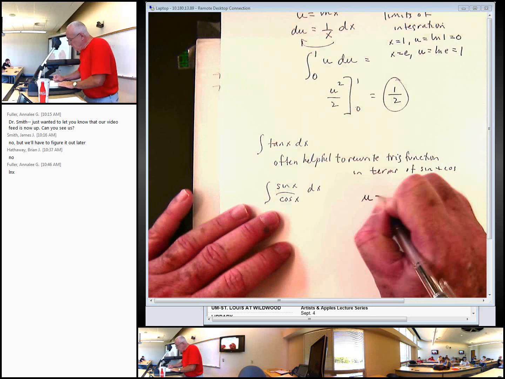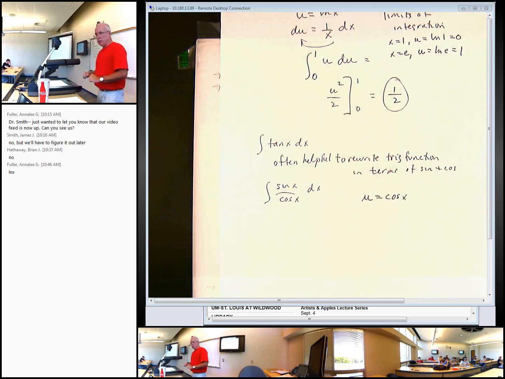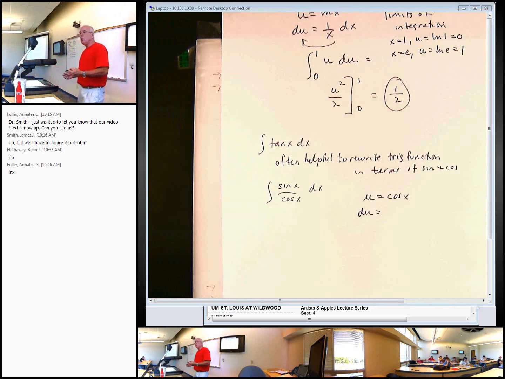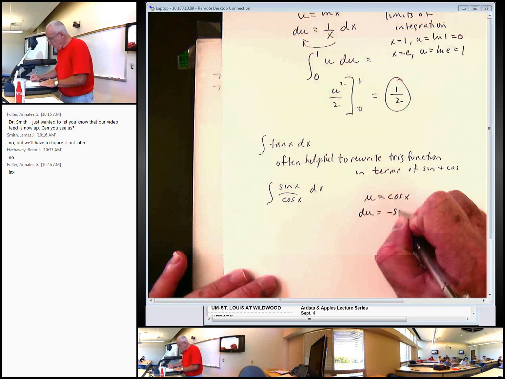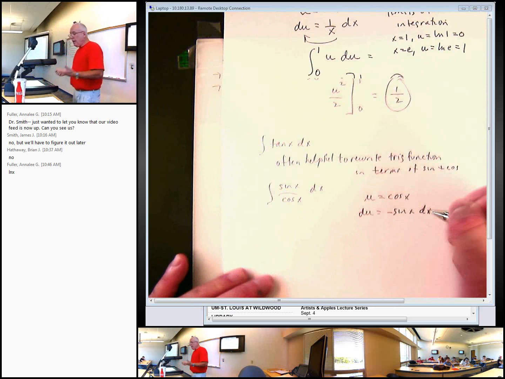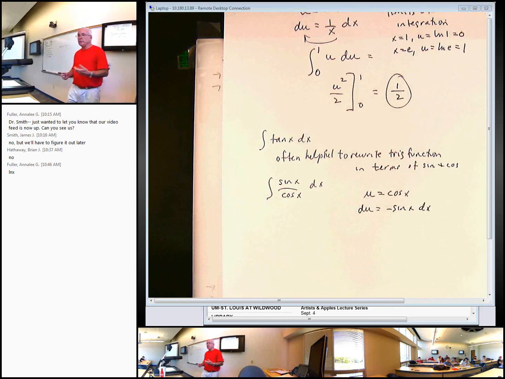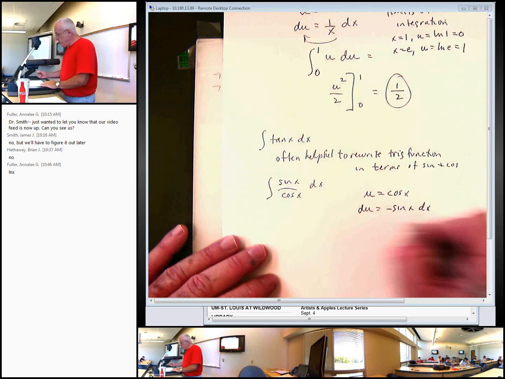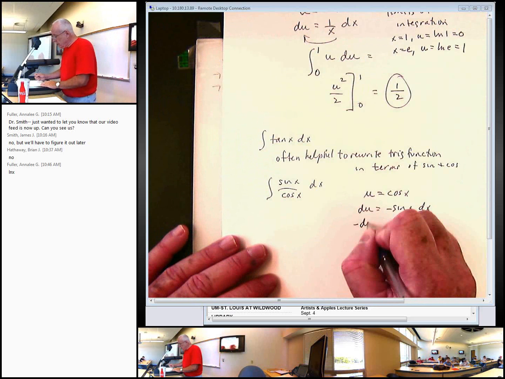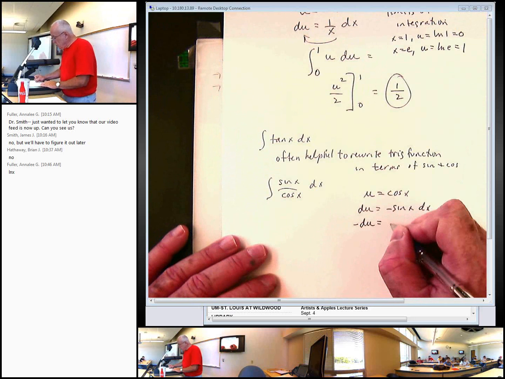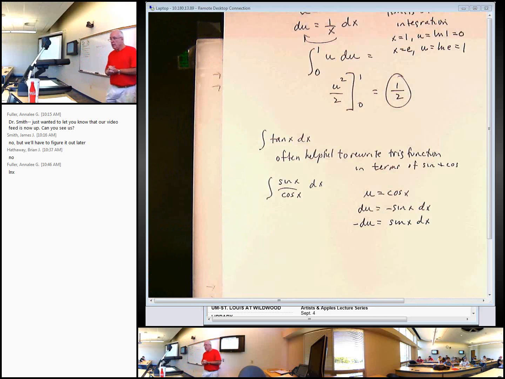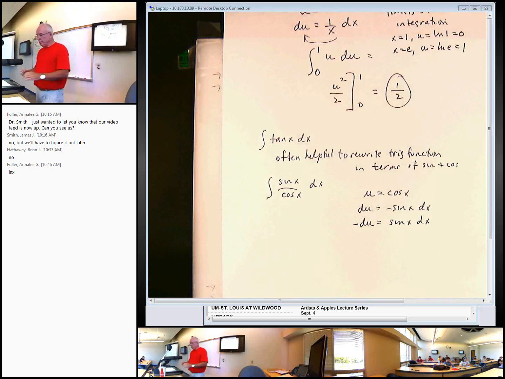So let u equal the cosine of x, the denominator. Let's get the du. Well, the derivative of the cosine is negative sine. And we have sine x dx in our integral. All we need to do here is either divide or multiply by -1, and we get negative du is equal to the sine of x dx, like that. And now we can do our replacement here.